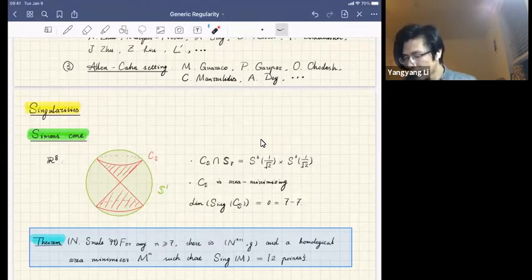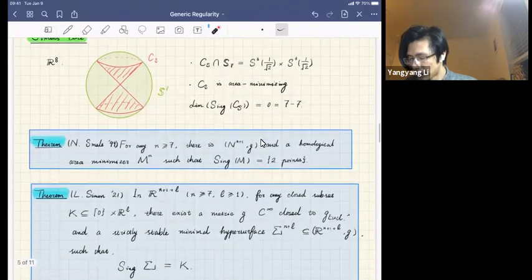In 1999, Nathan Smale showed that for any n no less than 7, he could construct an ambient manifold of dimension n plus 1, and also a homological area minimizer M_n, such that the singular set is exactly 2 points. In other words, in general, one can find a singular minimal hypersurface inside a closed Riemannian manifold.